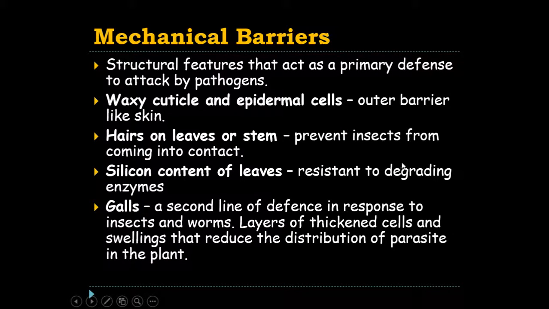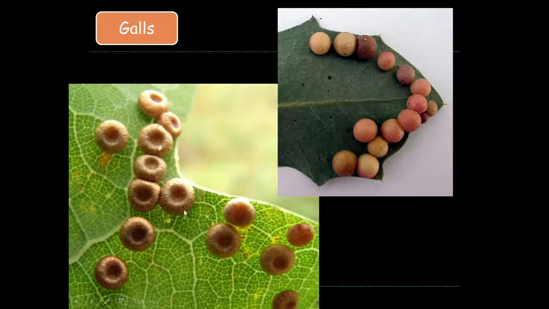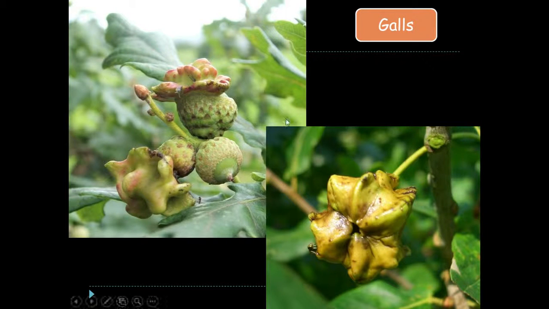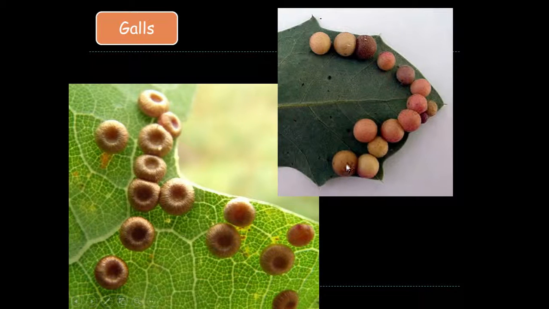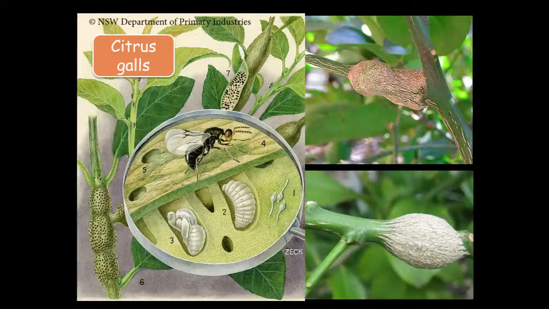But basically, layers of thickened cells swell around the insect or worm, and are going to stop it from entering the leaf and becoming detrimental to the leaf and to the organism itself. A couple other examples here of galls that plants can have. You can see they're quite large, and they're going to surround the pathogen and stop it from attacking the organism.